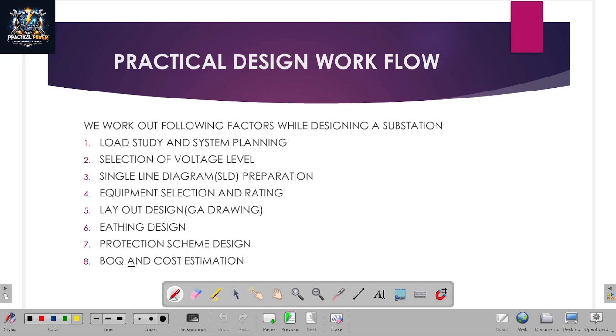Then at last bill of quantity and cost estimation, we will make the cost estimation and bill of quantity.